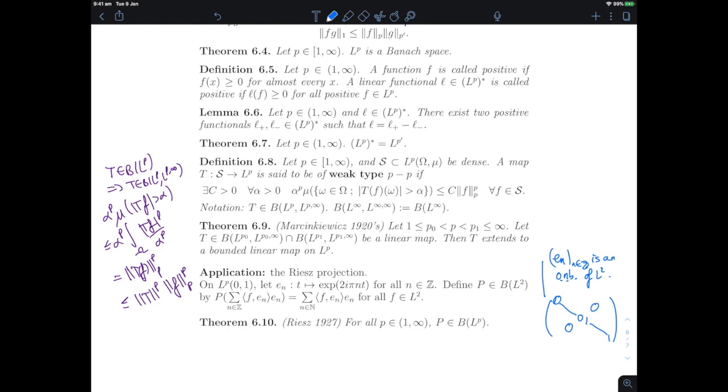And the very fundamental example of such an L^p boundedness result is the theorem of Riesz, right? The simplest possible map on Fourier series that just projects down to those Fourier series that have only coefficients in the natural numbers as opposed to all of the integers. This map, which is obviously bounded in L^2, I mean in L^2 it's an orthogonal projection, is actually bounded in L^p for all values of p.